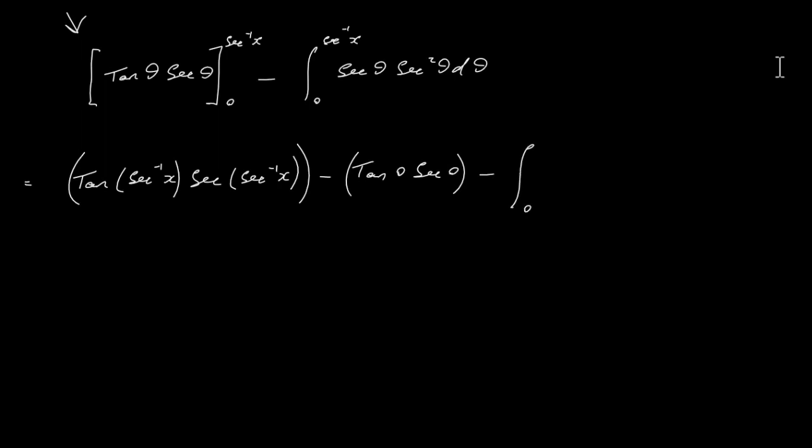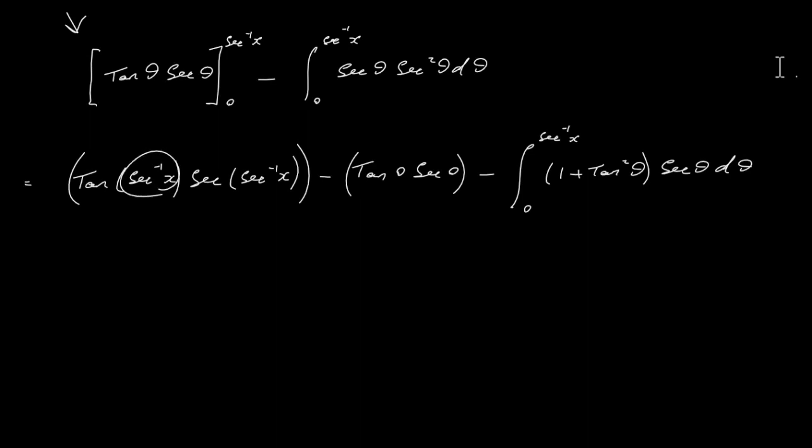I'll just put in the limits first, sec inverse x. What I'm going to do here is swap out that sec squared theta and put in 1 plus tan squared theta just to make it easier. And I have another sec theta here, d theta. Okay, so let's see what we can do with all of this. We have tan of sec inverse x. We know that sec inverse x is just theta.